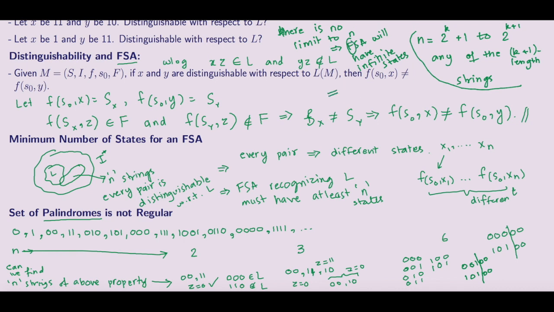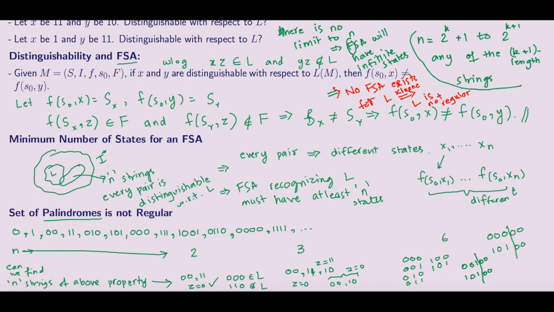So this means no FSA exists for L. And what does Kleene's theorem say? It says L is not regular. Due to Kleene's theorem, we know that a finite state automaton only recognizes languages which are regular, and all regular languages can be recognized by a finite state automaton.